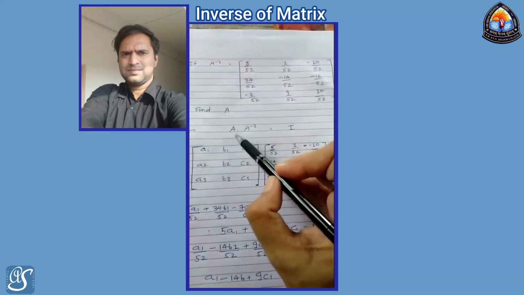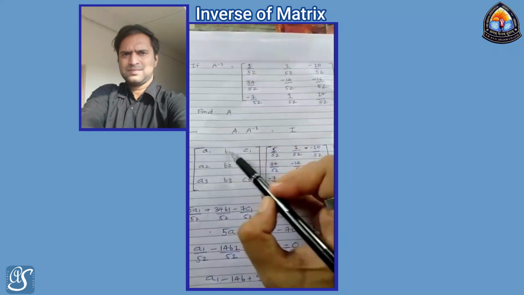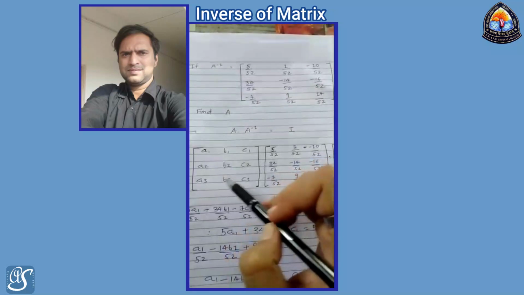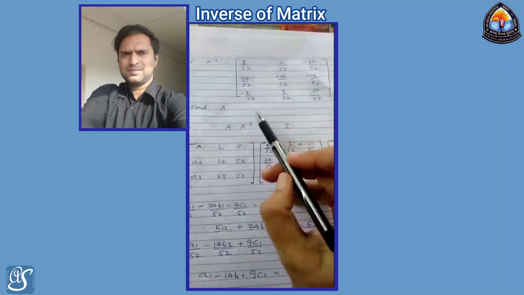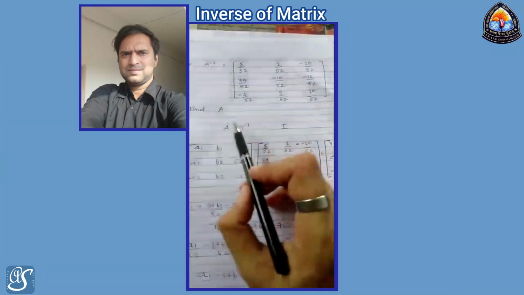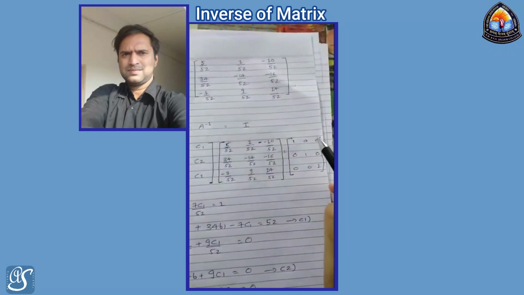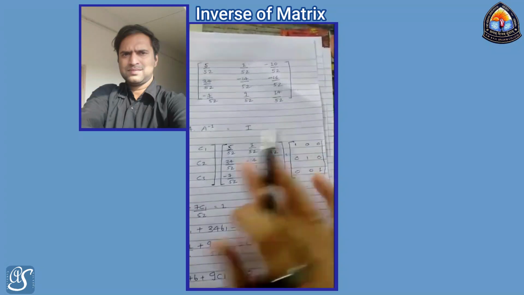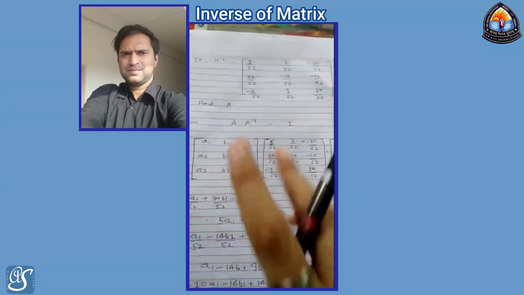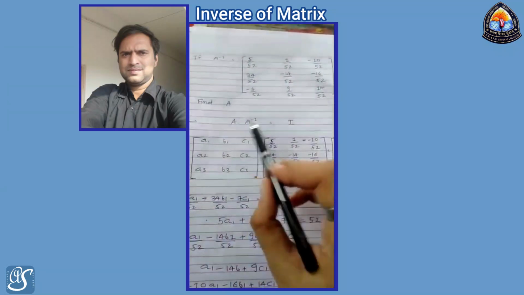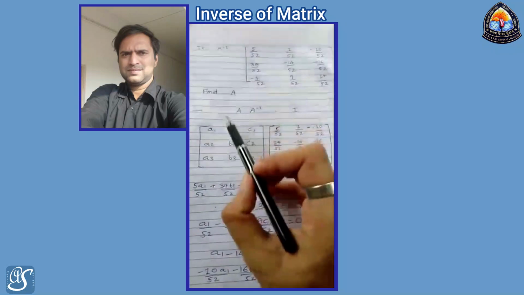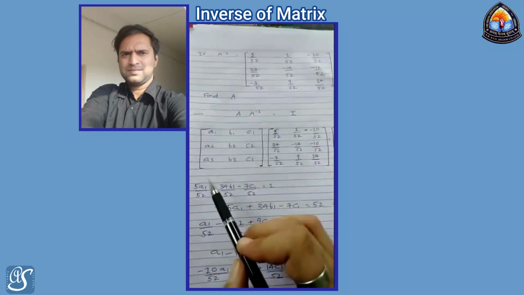Let us assume the elements of A are A1 B1 C1, A2 B2 C2, A3 B3 C3, and A inverse is here. Its multiplication is equal to the unit matrix or identity matrix 1 0 0, 0 1 0, 0 0 1. Now multiplication of these two matrices, A into A inverse. Now first row, first column.